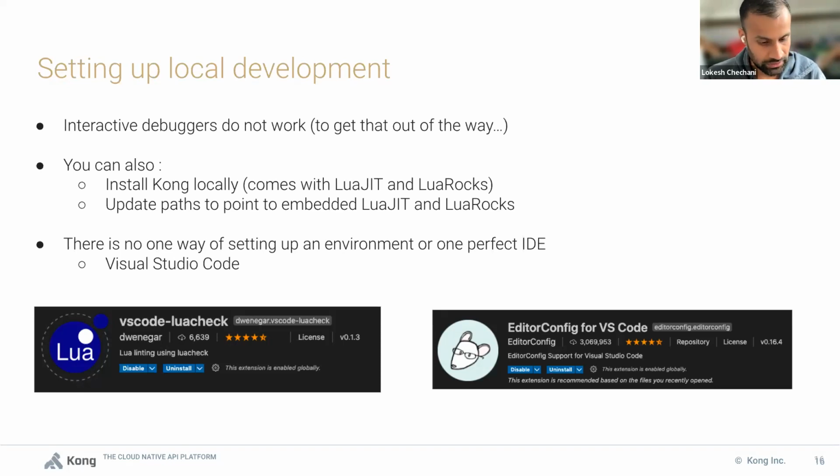There are instructions available on our Kong Git, so you can find and do that. Of course, you need to update a few parts around your embedded LuaJIT and LuaRocks. We don't ask you to install LuaJIT separately, it just comes with Kong in its artifact itself.